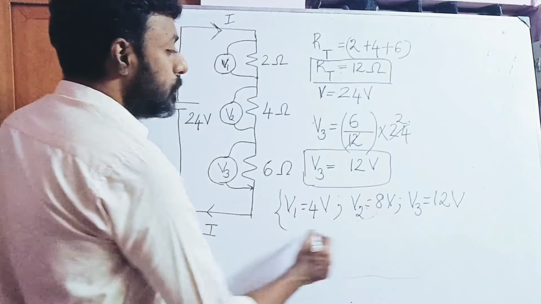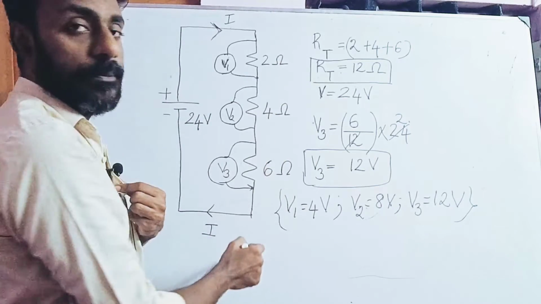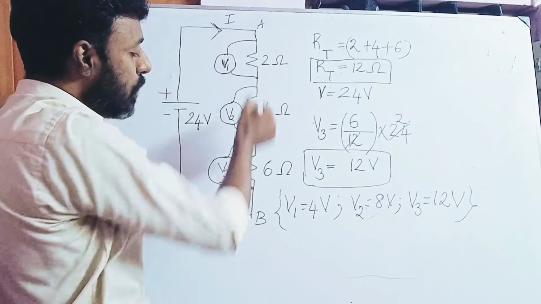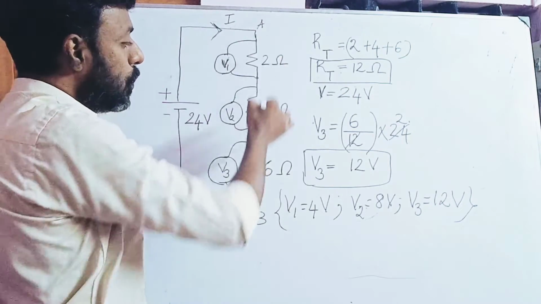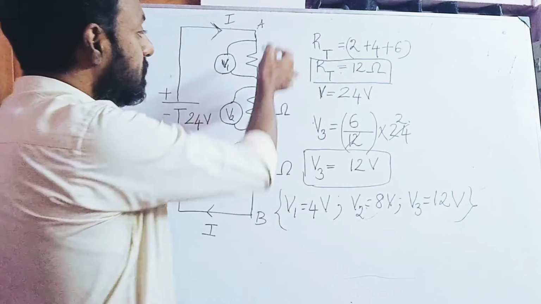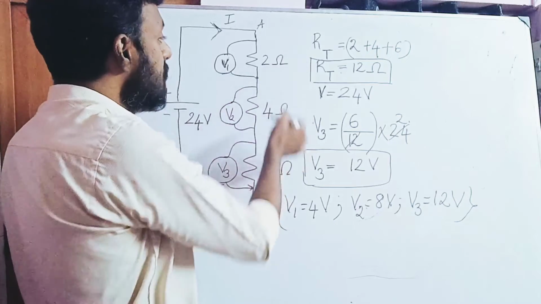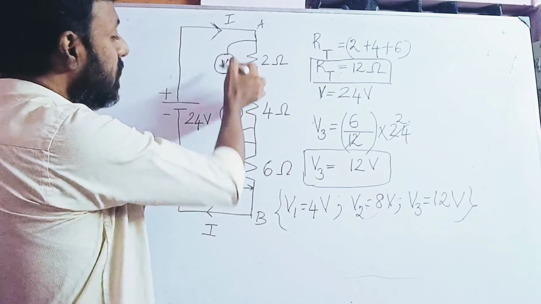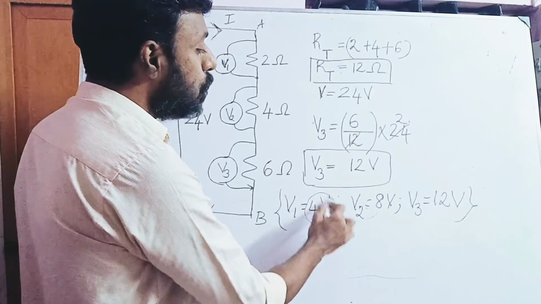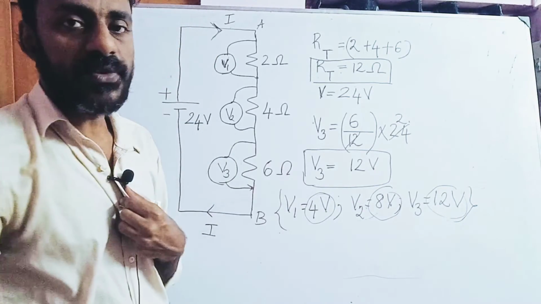From A to B, three resistors with different values have been connected in series, and three different voltages are developed across them. The first voltage is 4 volts, the second is 8 volts, and the third is 12 volts. So this is the answer for this problem.